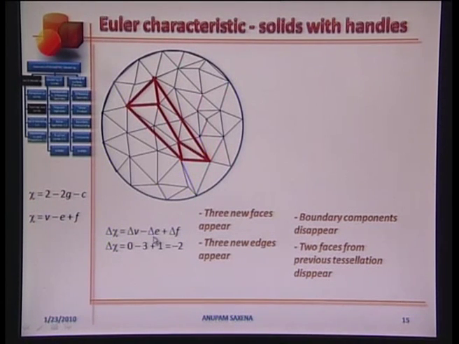The number of edges increased by 3. And the number of faces has effectively increased by 1. Note that these 3 edges have generated 3 faces, and from previous operations, these 2 faces were already gone. So effectively, the increment in the number of faces is 1, and therefore the change in the Euler characteristic is minus 2.